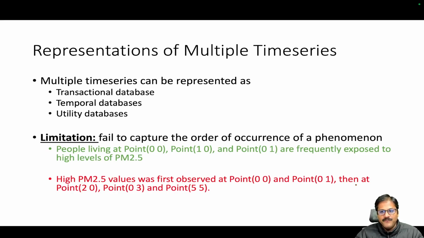For example, we can say that point 00, point 10, and point 01 are the locations where high levels of pollution were observed. We can only tell that information. But if we do not capture the occurrence order, we cannot tell that PM 2.5 value was first observed at point 00 and then it was later observed at a different place. If we want to find that orderly information, we cannot capture it.